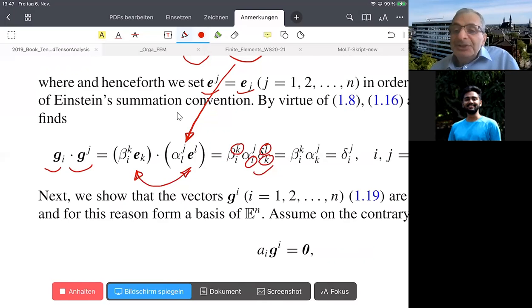And we don't need this double sum because, as we discussed, this delta is almost always zero, except in one case when the indices of this delta are equal to each other, right?